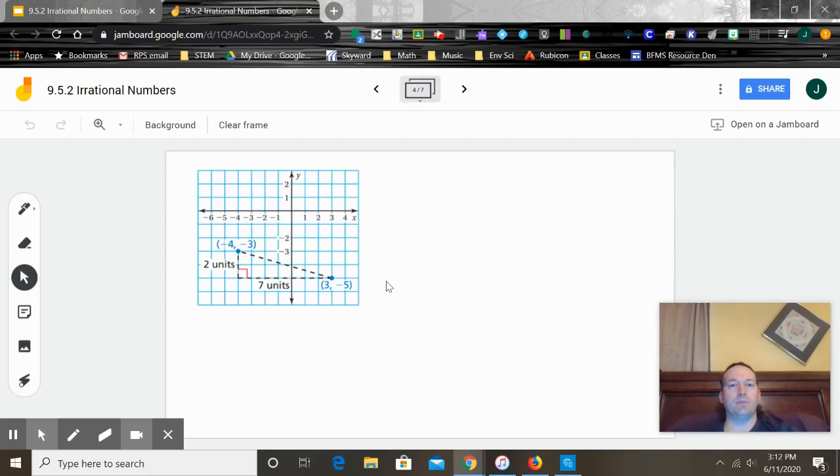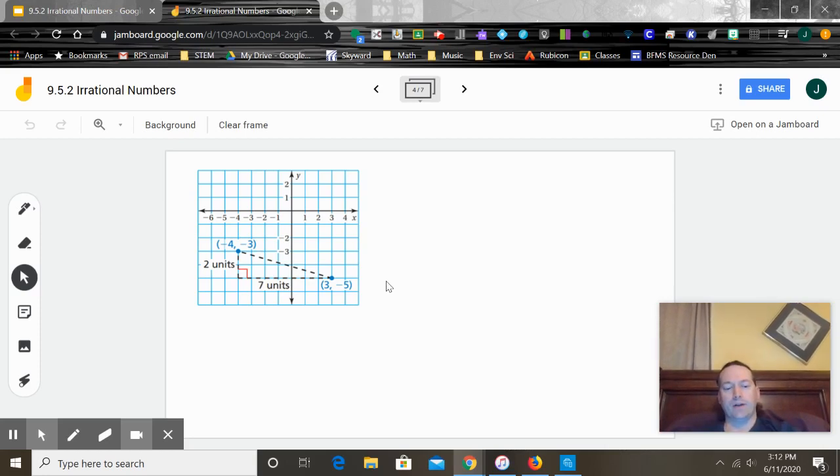Now this should look similar to something we did last week, and it is related. It's just that now, instead of having an integer as our distance, we're going to have a square root, and we're going to round it to the nearest tenth. We're going to use the Pythagorean theorem like we did the other day.